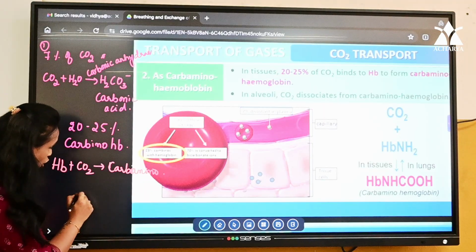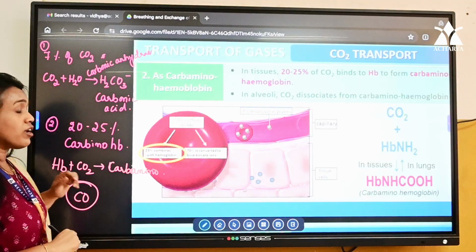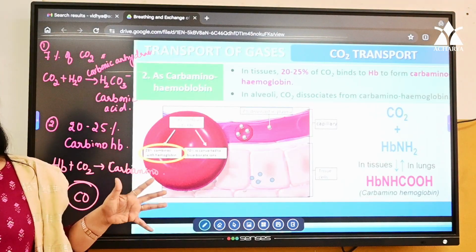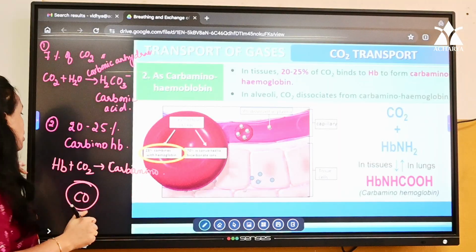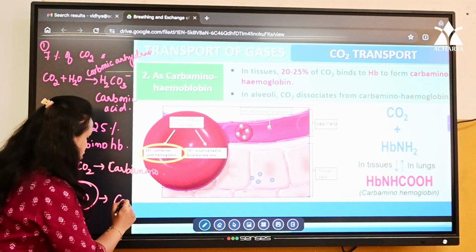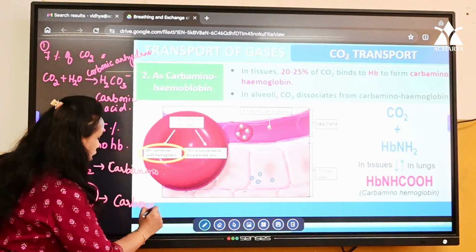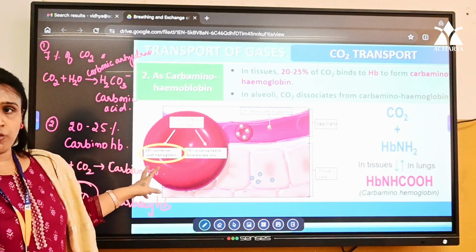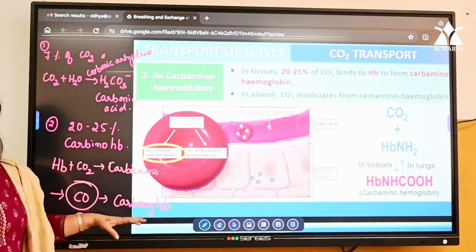And you have to consider carbon monoxide. What happens with carbon monoxide? We all know carbon monoxide is a silent killer, an odorless gas. When it combines with hemoglobin, it forms carboxyhemoglobin, which is highly toxic. So never confuse carbaminohemoglobin and carboxyhemoglobin.